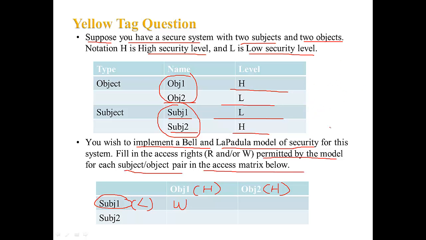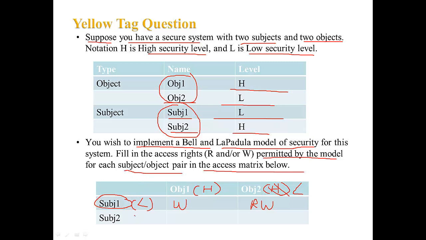In fact, object 2 is L, not H. We just remove it. So because subject 1 and object 2 have the same security level, subject 1 can read and write to object 2.